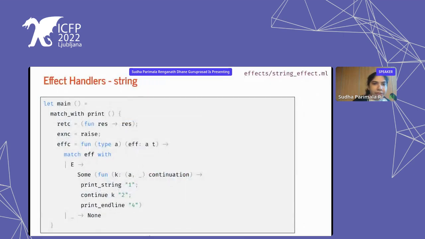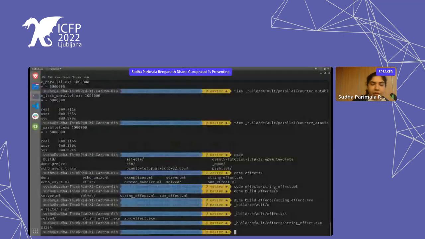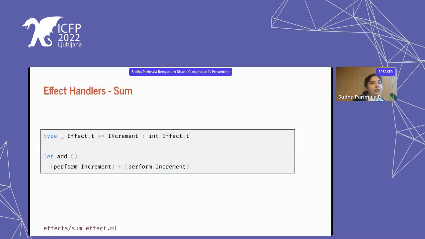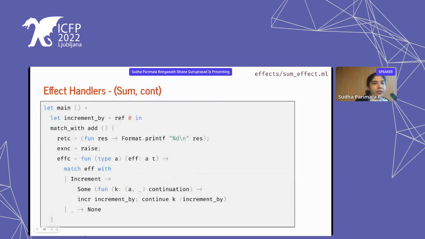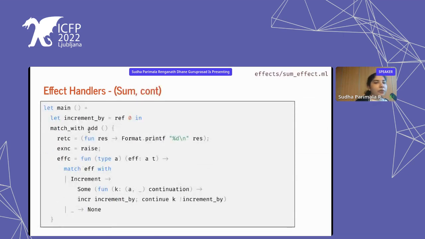Okay, so this was a basic example. We could look at a slightly more interesting example, which is the sum effect. So you have this effect increment. It just returns an integer. Let's say we have a function add that calls perform increment twice. And this is the handler. We have a reference variable here which starts with 0, and when you call this perform, the control is going to go to the handler, and it's going to increment this, and then it's again going to increment it and return the continuation.